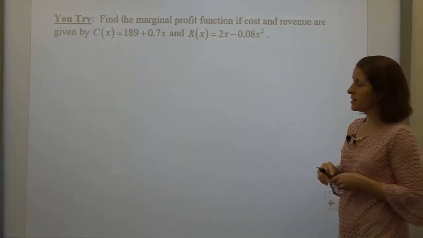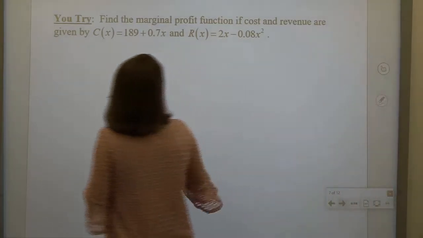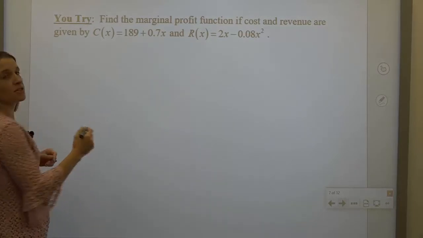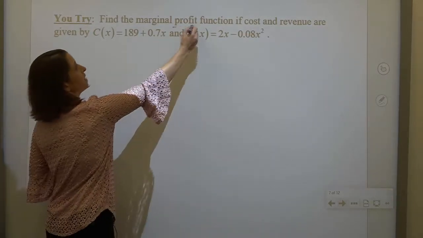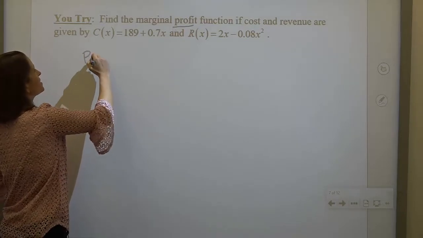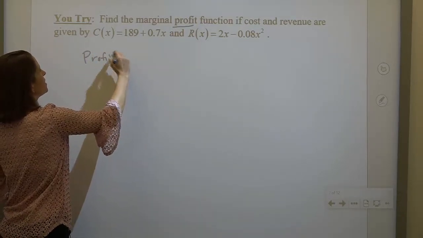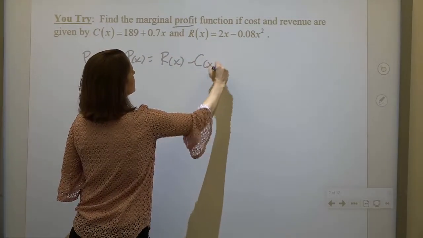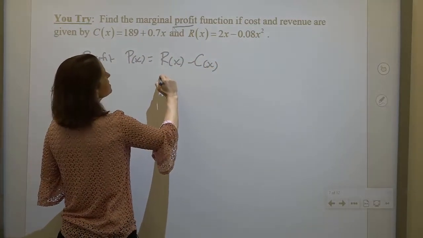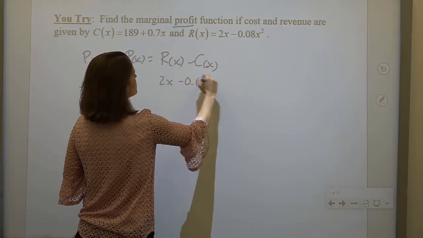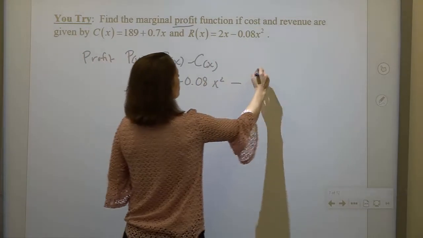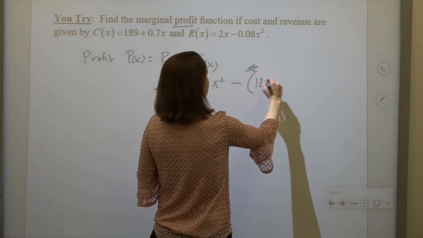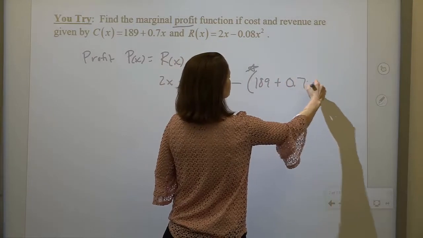So let's give it a shot. We are finding the marginal profit function if cost and revenue are given here. The first thing we need to do is have a profit function, period. Right, so profit P of x is revenue minus cost, and so that is 2x minus 0.08x squared minus parentheses, because cost has multiple terms, 189 plus 0.7x.